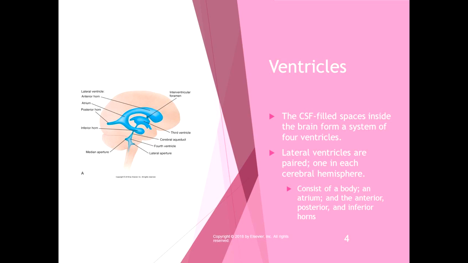So the lateral ventricles are 1 and 2. The 3rd ventricle is near the thalamus. The cerebral aqueduct goes between the 3rd and the 4th, and the 4th ventricle is in the brainstem pretty much. And so that's basically the flow. And then it goes from the 4th ventricle into the subarachnoid space, where it is then absorbed into the venous system.